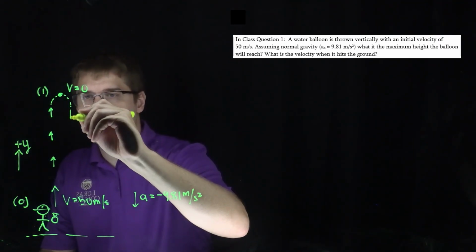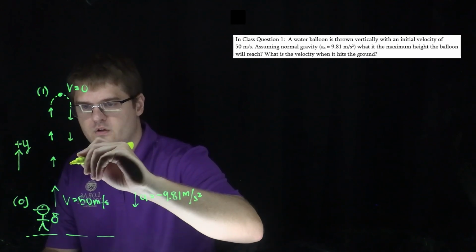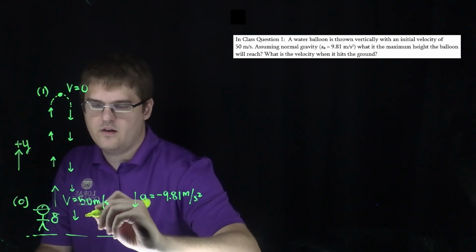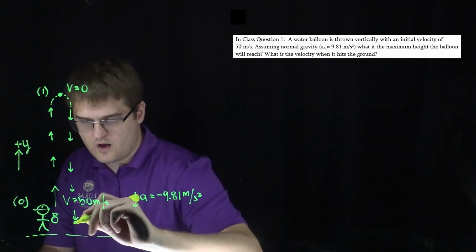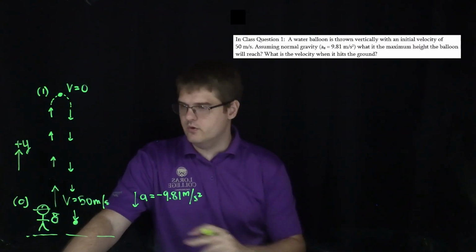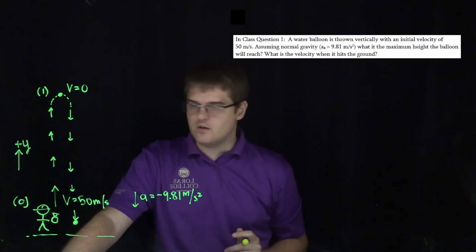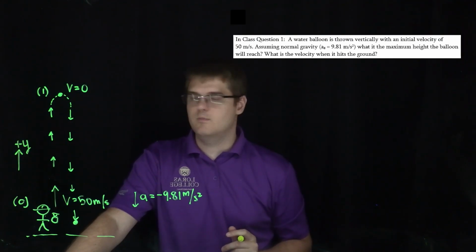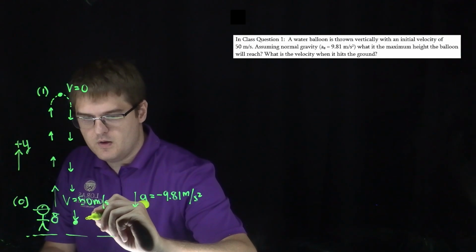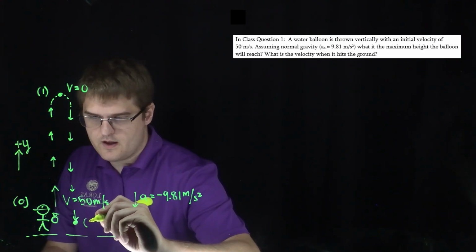And then it's going to fall until it gets back to where it started. We're assuming it was thrown from the ground. We were not told little Billy's height. In fact, little Billy was just me adding him to the drawing. And we're going to call this time 2.